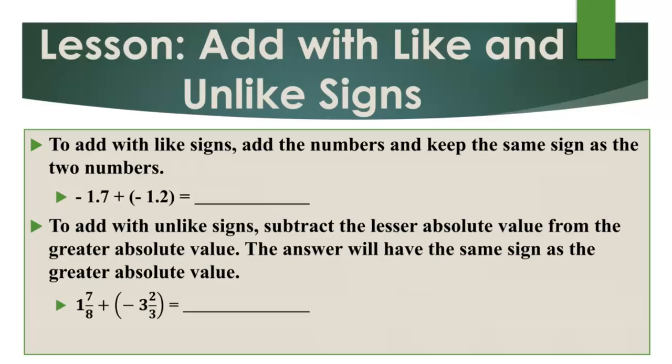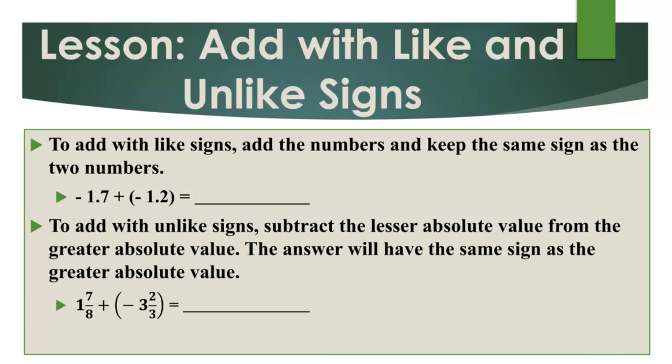So when we add with like and unlike signs, there are some rules we have to pay attention to. To add with like signs, you're just going to add the numbers and keep the same sign as the two numbers. So if the two numbers are negative, you add the numbers and use the negative sign.